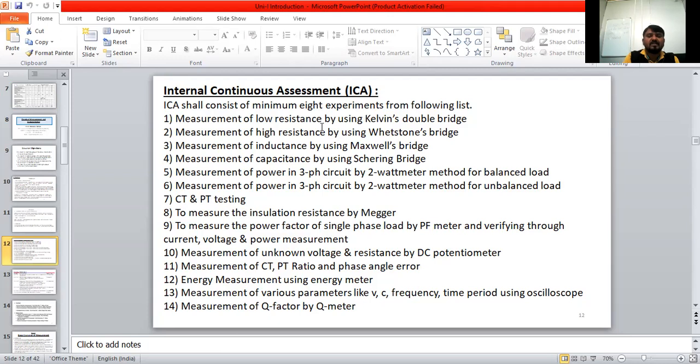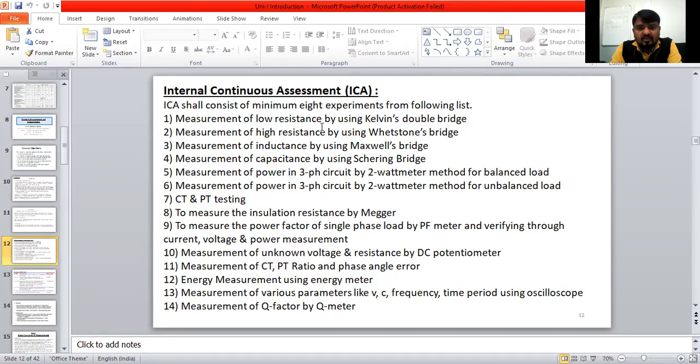The first one is the measurement of low resistance by using the Kelvin double bridge. The Kelvin double bridge, Wien bridge, Maxwell bridge, and Schering bridge: these four experiments belong to the 3rd unit, potentiometer and bridges. If we started directly, you would not understand anything.